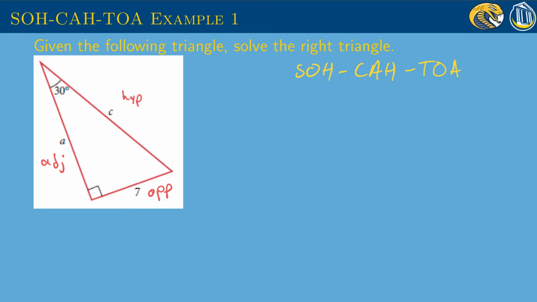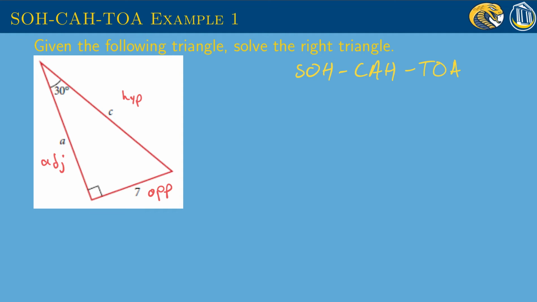So when it says solve the right triangle, let's try and solve c first. In order to figure out the value of c, we know we're trying to find the hypotenuse of the right triangle. But we're not going to use the Pythagorean theorem. We're going to use trigonometry. Specifically, we know an angle, we know the opposite side of that angle, and we're trying to figure out the hypotenuse.